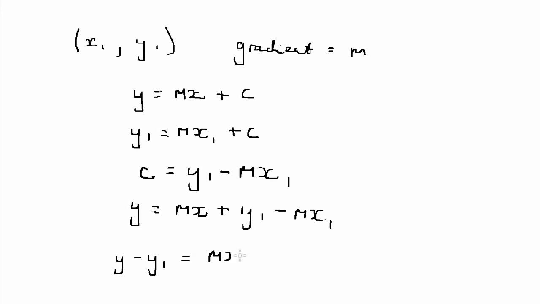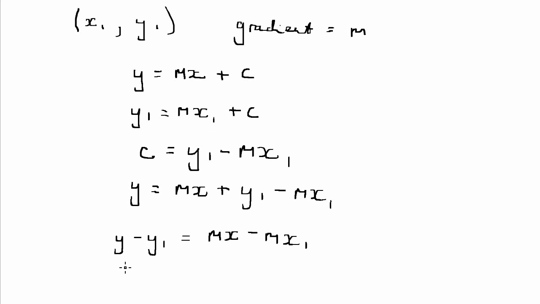There's an mx, and so we're subtracting an mx1. So, just factorising the m out of the right hand side, we've got y subtract y1 is m into x subtract x1. So it therefore does follow that we were right to say that we could just use this alternative method. And as I say, I suggest that you do that. It's much quicker and easier.